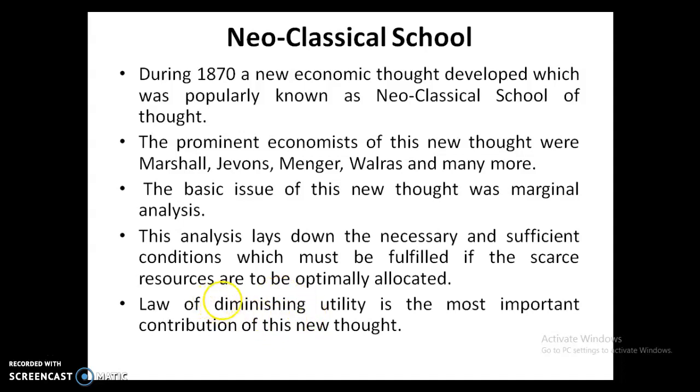And what is the law of diminishing marginal utility? When you consume units of a commodity consecutively, the utility from additional units will decrease. That is the law of diminishing marginal utility. It is another important contribution of the neoclassical school of thought.